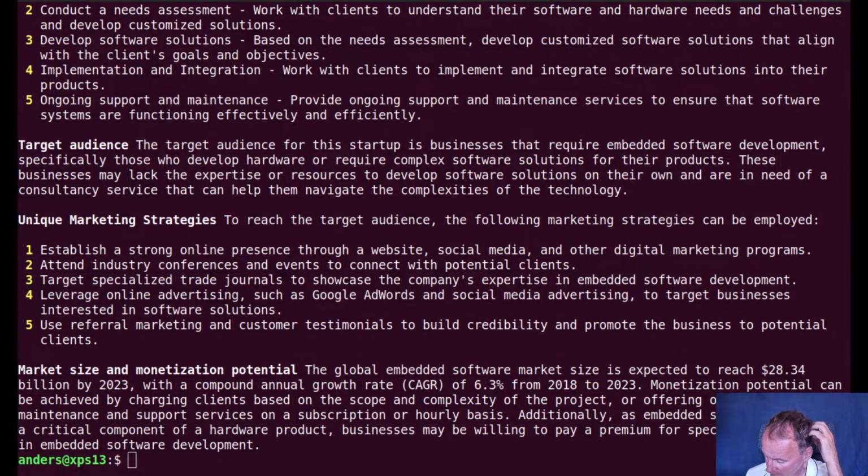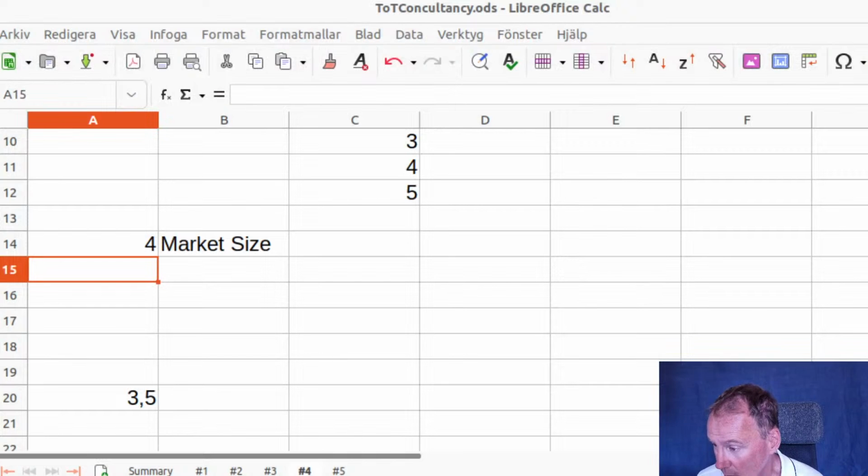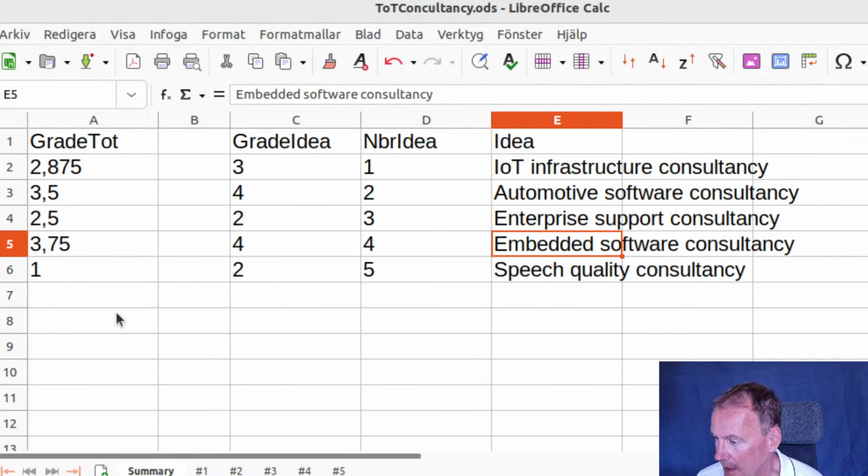Market size, yeah, it's limited, but there is a lack of knowledge in this one. So, all in all, we end up with a 3.5 score for embedded software, and this means that we are in the lead, even though we need to do some more work on that plan.